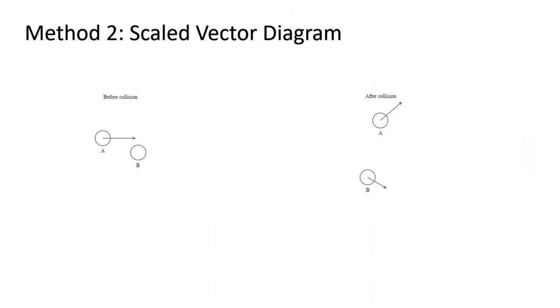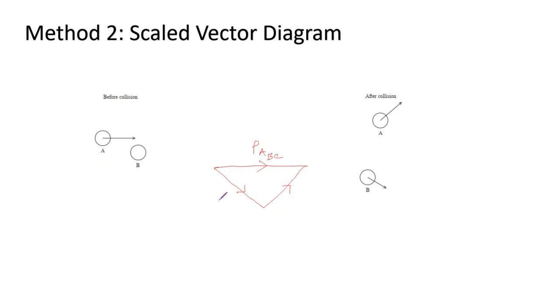The other one would be using scale vector diagram that you had already learned in your AS. So what happens with scale vector diagram? So let's say this was the momentum of A. So this was momentum of A before collision. Let's call that BC, before collision, and B is over here and A is over here.